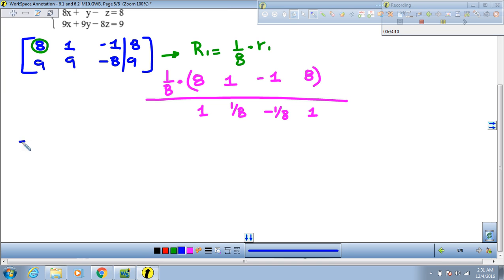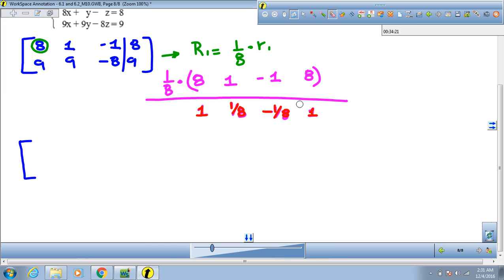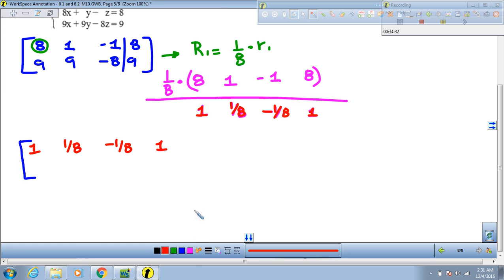So we write down the new matrix, where these are going to be my new values for row 1. 1, 1 over 8, negative 1 over 8, and then a 1 over here. And you know the line is right here. Then 9, 9, negative 8, and 9 goes in the same place.